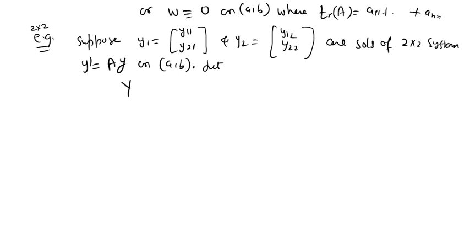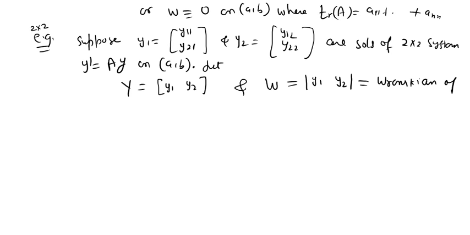And further, what is the fundamental matrix Y? This is y1, y2 in columns, and W is the determinant with y1 in the first column and y2 in the second column. So W is the Wronskian of y1 and y2, the determinant of y11, y12, y21, y22.